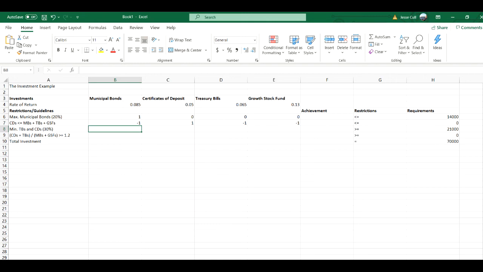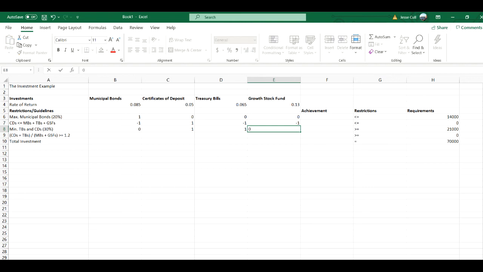But for simplicity's sake, I will do it. And again, we hit enter, it will be 0 because we have no municipal bonds yet.